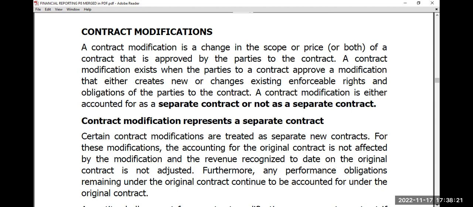When we are looking at contract modifications, one of the things we are going to emphasize is a scenario that results in a change in a contract. There are certain transactions that may lead to the cancellation of the first contract, and you start adopting a new contract.